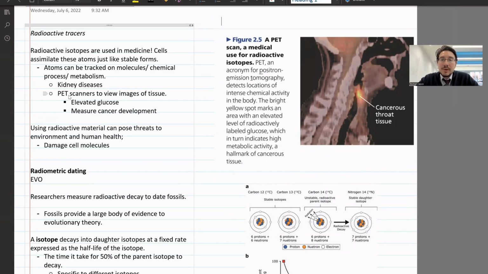And you can see where a certain type of tissue is, for example, cancerous throat tissue, as you see here, right? Due to certain properties of some biochemical pathways, you can use a particular target molecule or target element, and if it's stuck to a particular tissue, you can use that as a form of diagnosis. Okay, so some examples are kidney diseases, PET scanners to view images of tissue, elevated glucose, or measuring cancer development.